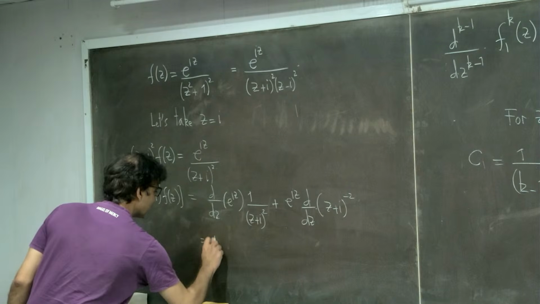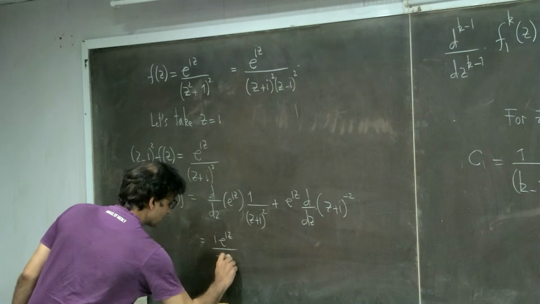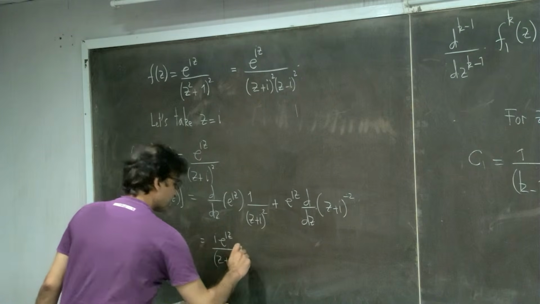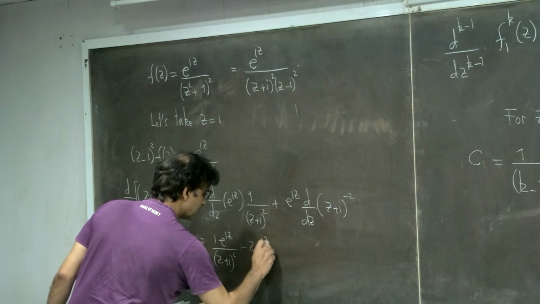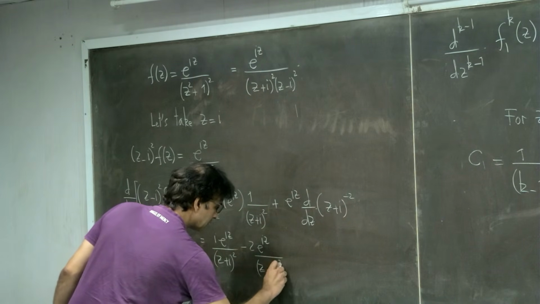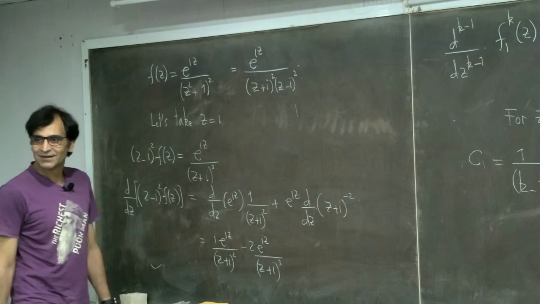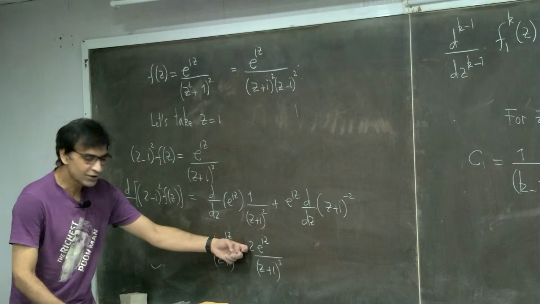So you have iota e to the power iota z over z plus iota whole squared plus minus 2 e to the power iota z over. Now it's fine. Minus over here too.